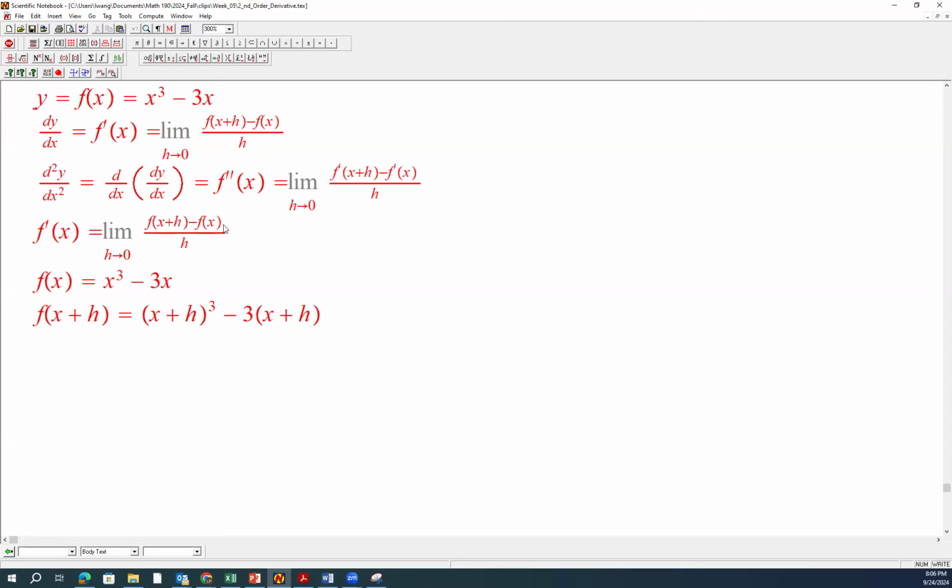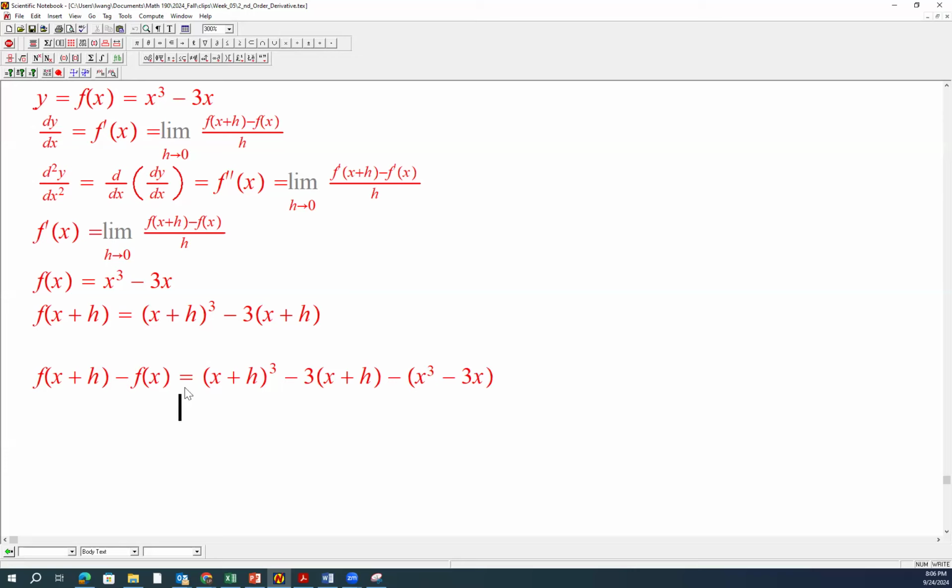Before we make the quotient, it might be easier if we just work on the numerator, which is the difference in the numerator. So we got f of x plus h subtracting the other one. And don't forget to put parentheses, because without it, it's going to be a mistake.